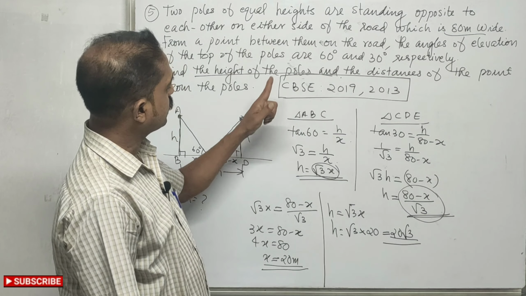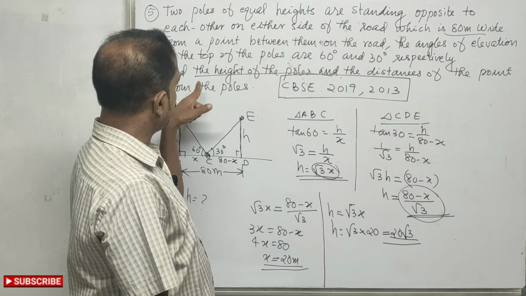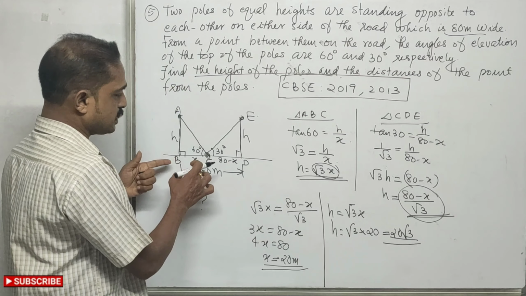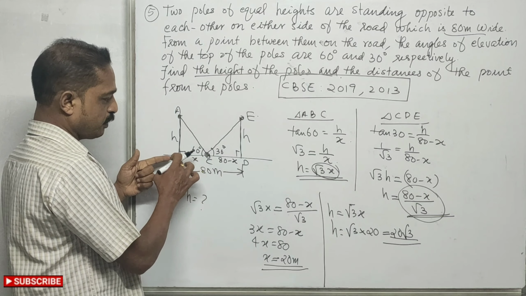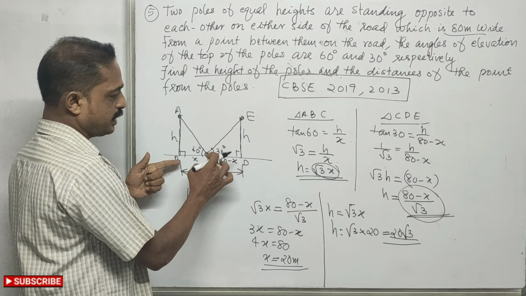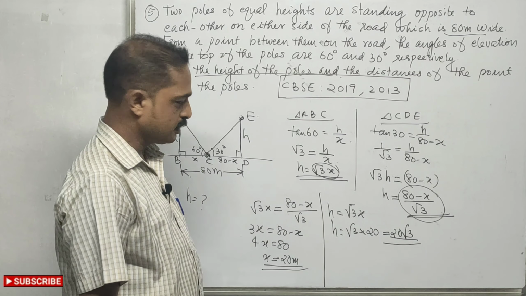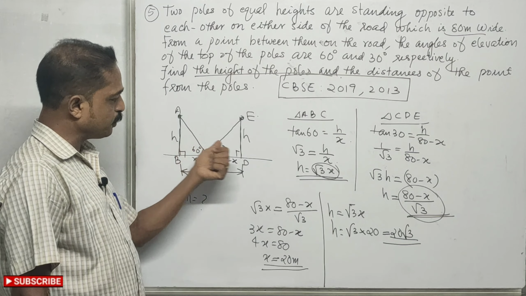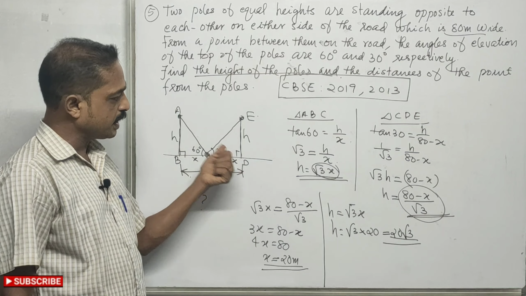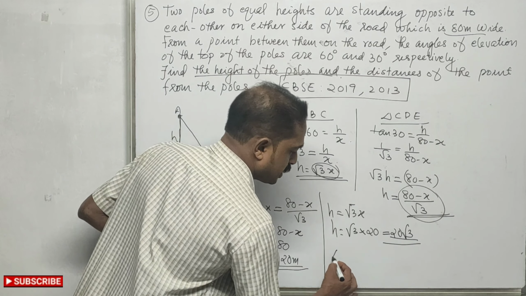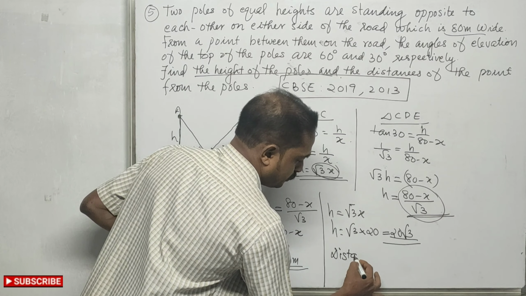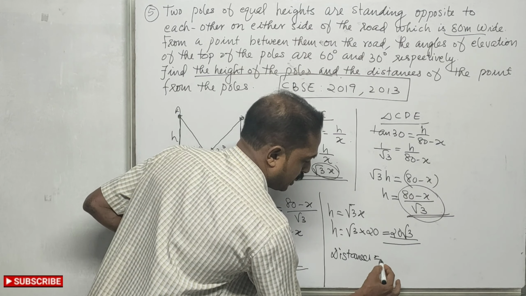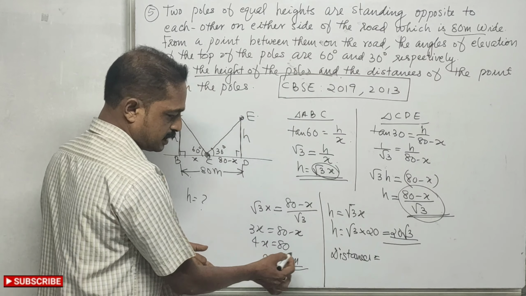And the distances of the point from the poles are x and 80 minus x respectively. So this is the point and the distances of the point from the poles are x and 80 minus x. X, what is x? 20.